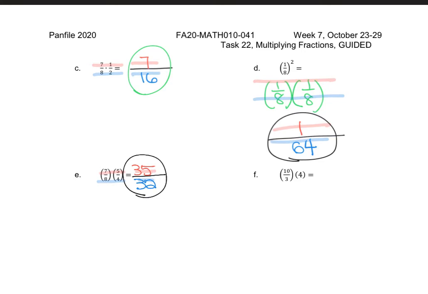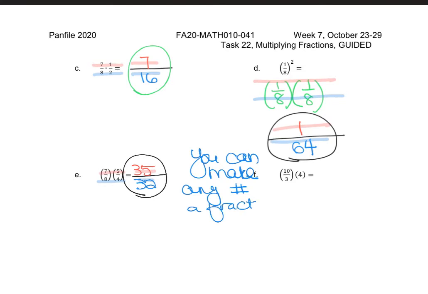Now, F is where they throw a little bit of a curveball at you because ultimately it does not look like you're multiplying two fractions, but you can make any number into a fraction. The way you make any number into a fraction is by putting it over 1.